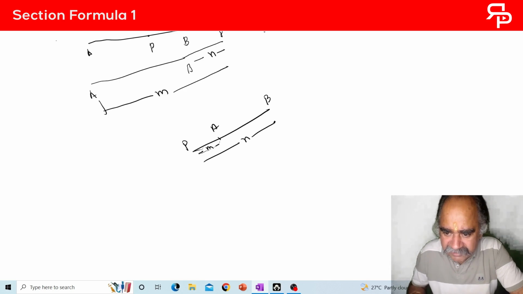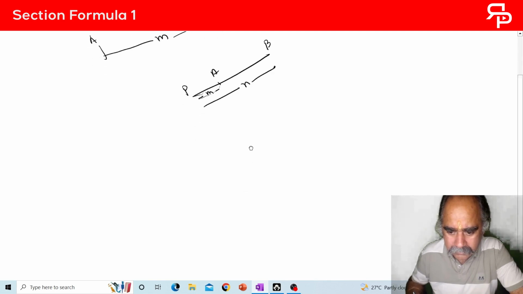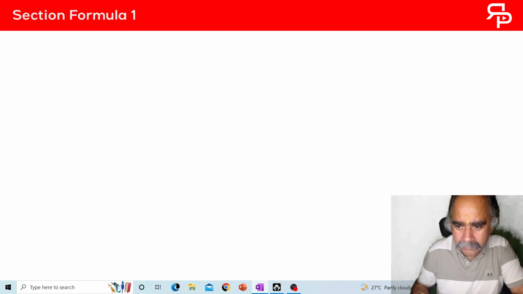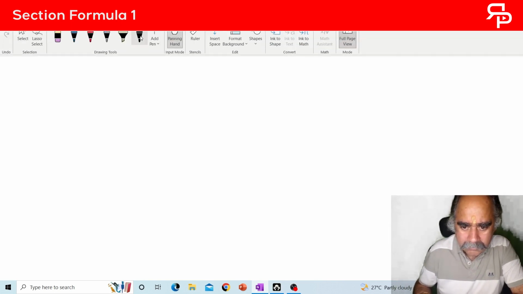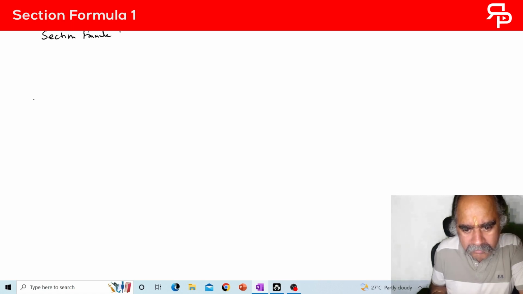So now students will start section formula for internal division.